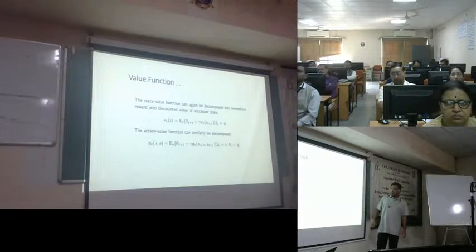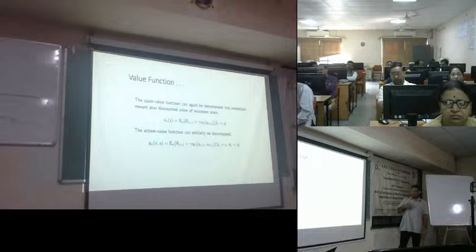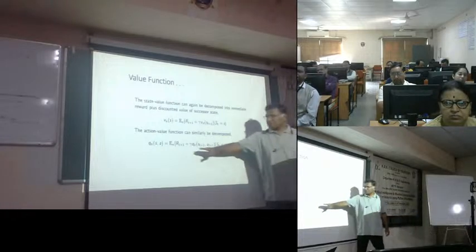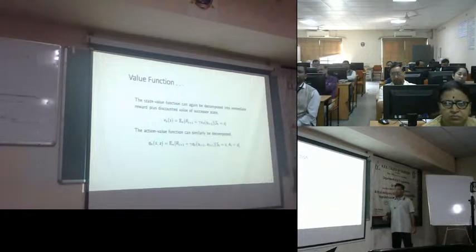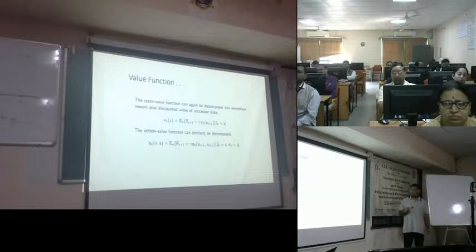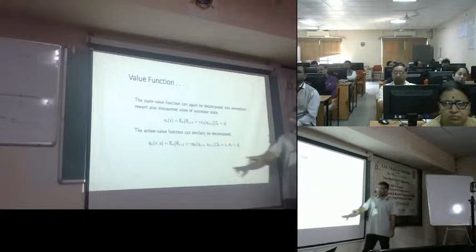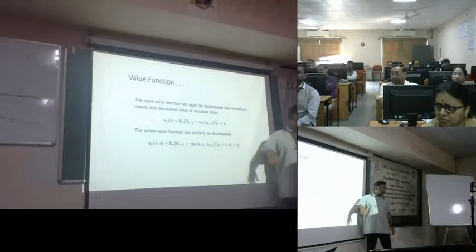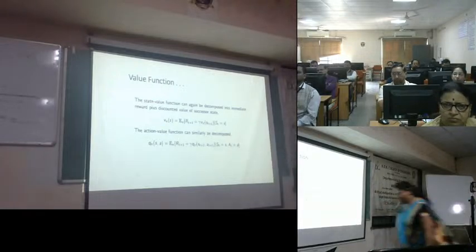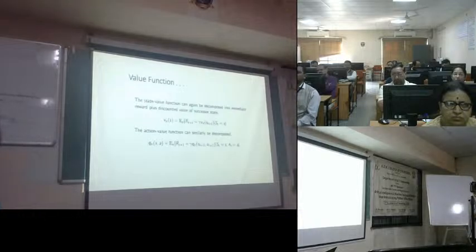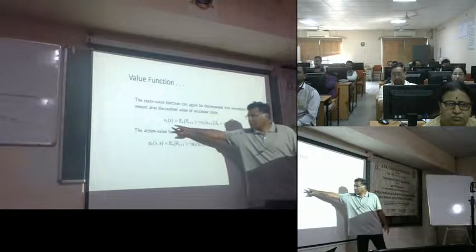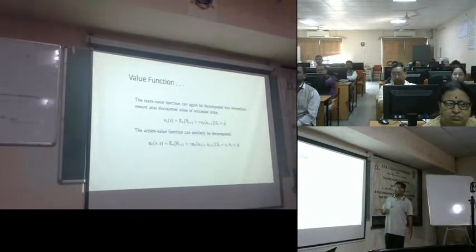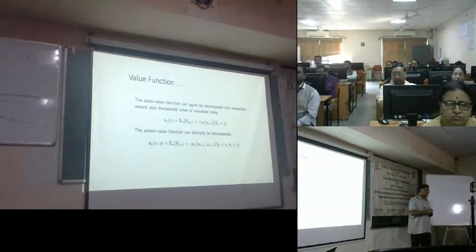Similarly, we can have the state action function, which states the expected value of the current reward plus gamma times the same thing for the next state and action. So we have this V, and we have this Q.